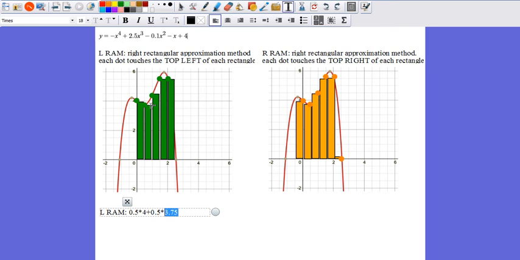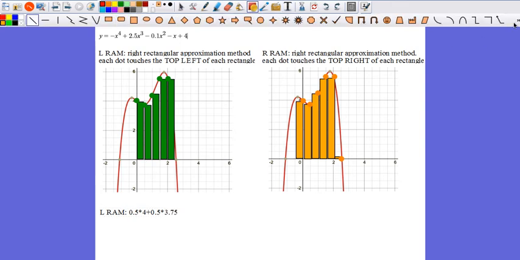Now, for this estimation, you can plug in 0.5. If I want this green dot right here, we're working on the height of this second rectangle. If I want to find the exact height, you can plug in 0.5 for the x's, and it will spit out the y value of this dot, which should be around 3.75.